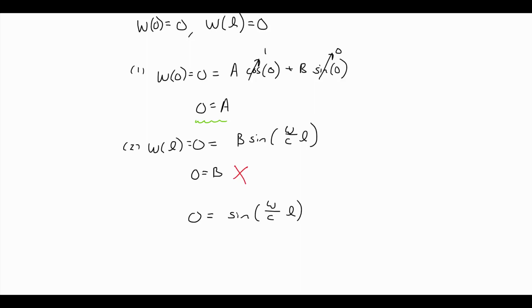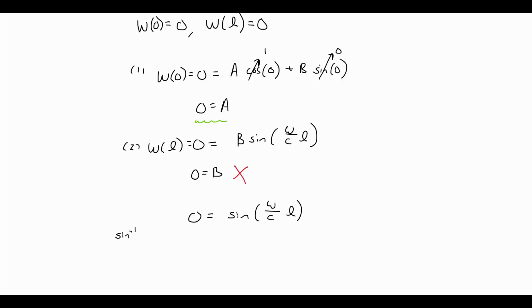So this must be true. It's not the b that makes the term 0, it's the sine omega over c times L that makes this expression 0 and satisfies the boundary condition. So what can we do? We need to choose an omega that makes this true. C is already determined for us. That's based on material properties and the tension. L is the length of the string, so it's this omega.